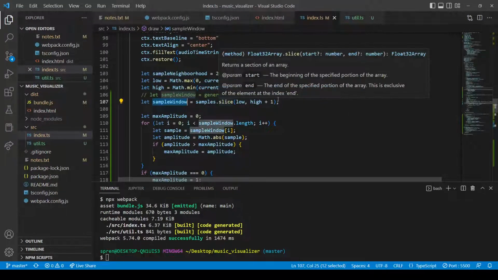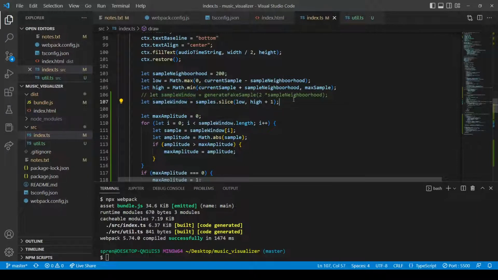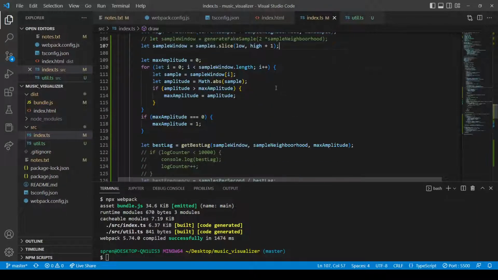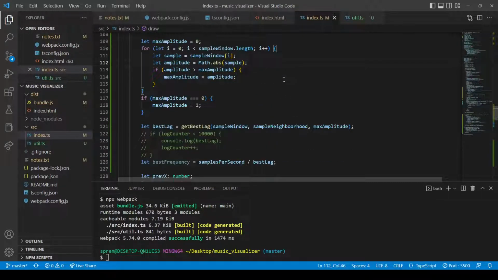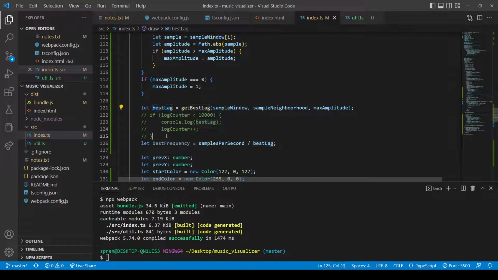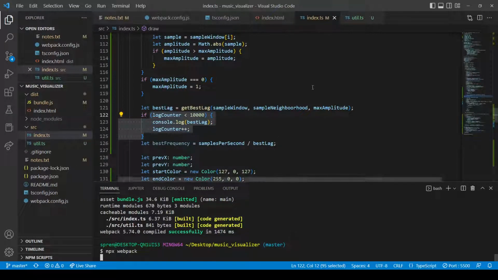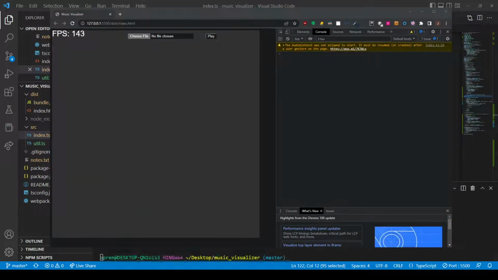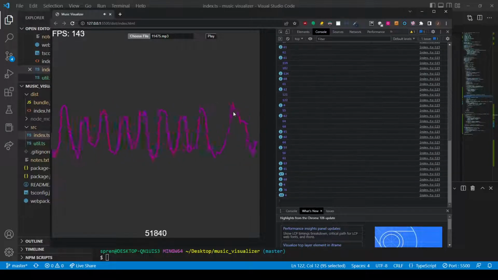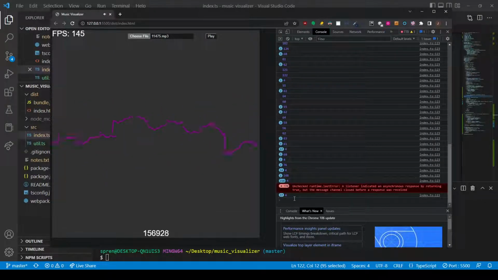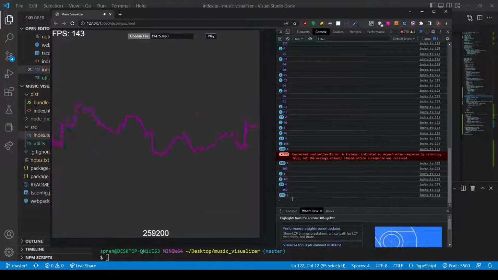Sample window is still this. Okay, so that's fine. I could console.log the best lag, right? I could do that. Oh dear, I'm getting a lot of 4s.